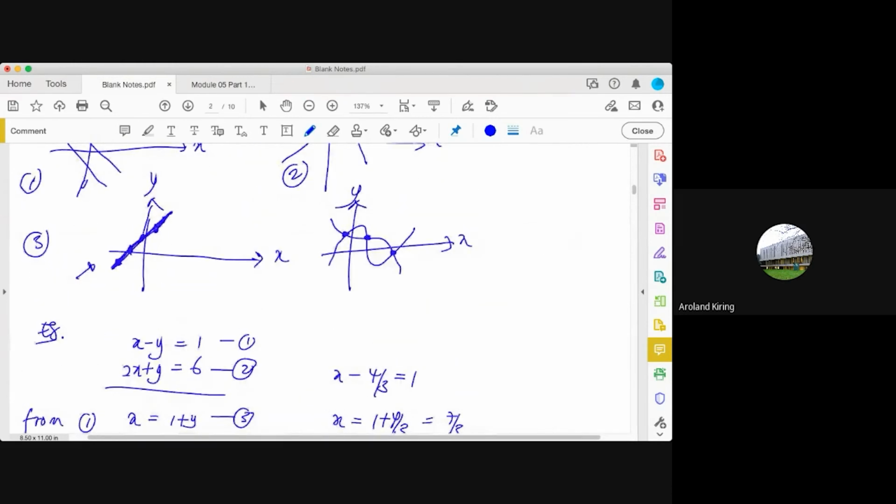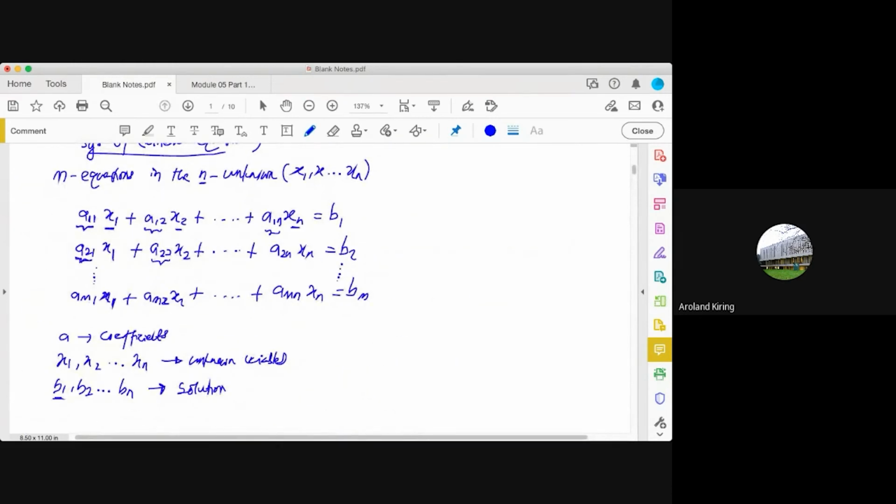So we're going to look back at our problem. Our problem just now can be represented in this particular system. We call it a system of linear equations. The next question: if we have more than 2 equations and more than 2 unknowns, because in the previous example we only had 2 equations and 2 unknowns, so we could solve it quite easily.